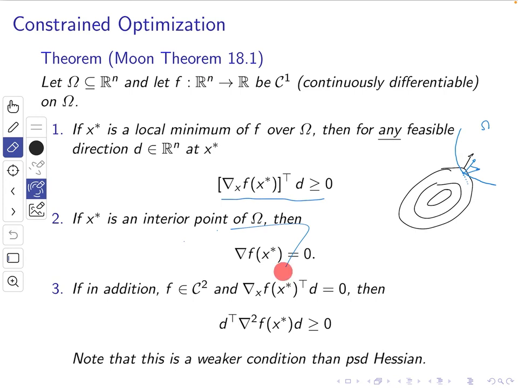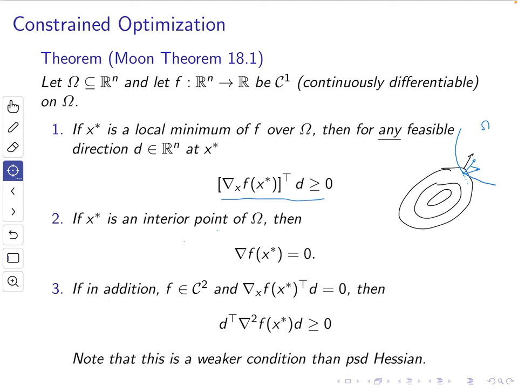That's always true. We also can say that if x star is an interior point, then the gradient has to be equal to 0. And these are the necessary conditions.